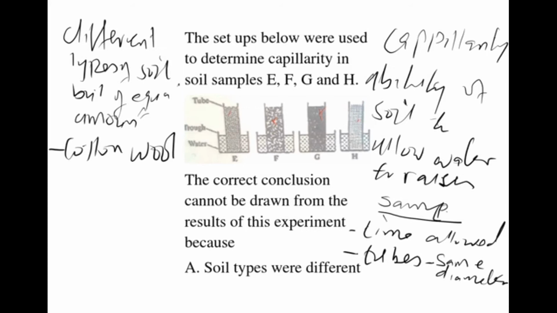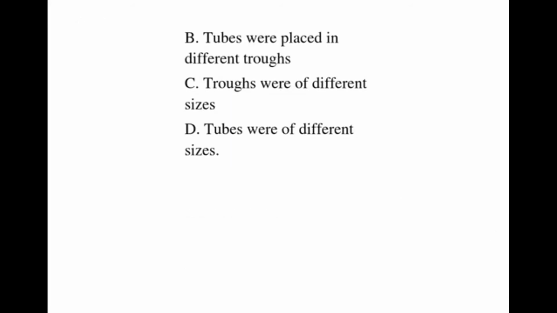Therefore, they could not make the correct conclusion or get the correct result from this experiment because they used tubes of different diameter or sizes. Therefore, the correct answer there is D. Tubes were of different sizes.